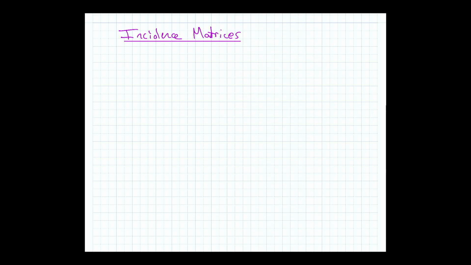So let G equal (V, E) be an undirected graph with n vertices.